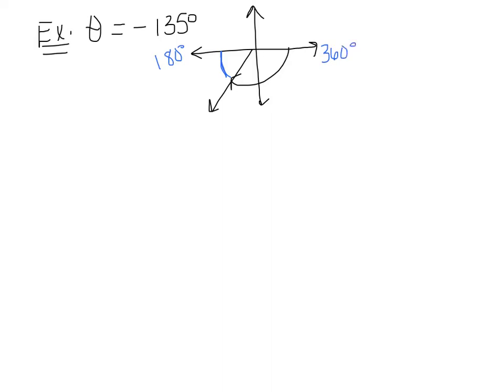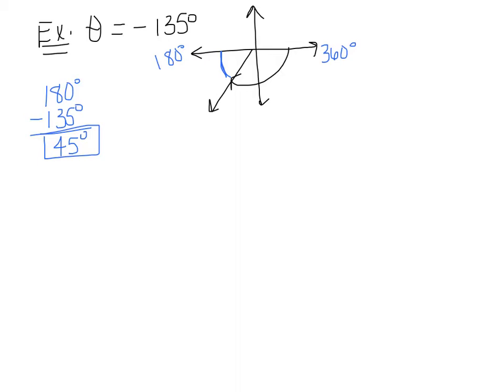Of course, it's close to 180, so we have to figure out what that difference is. So you would do 180 minus 135, and that would give us 45 degrees. So that would be the reference angle. So what you're trying to do is get an angle that is positive and it's an acute angle that's made with the x-axis, not the y-axis.